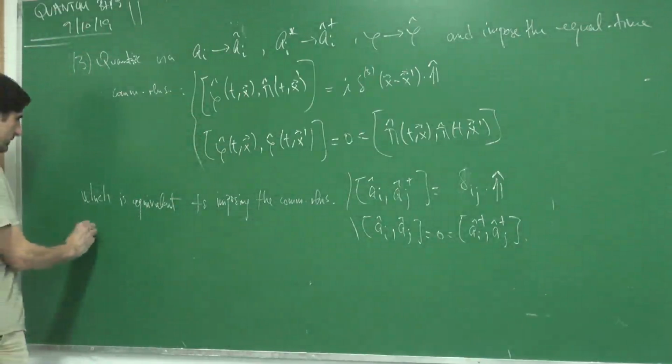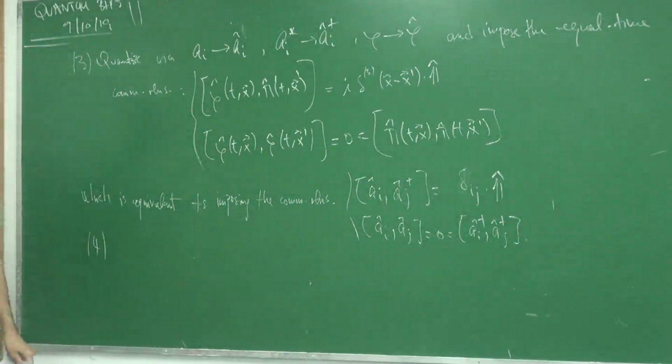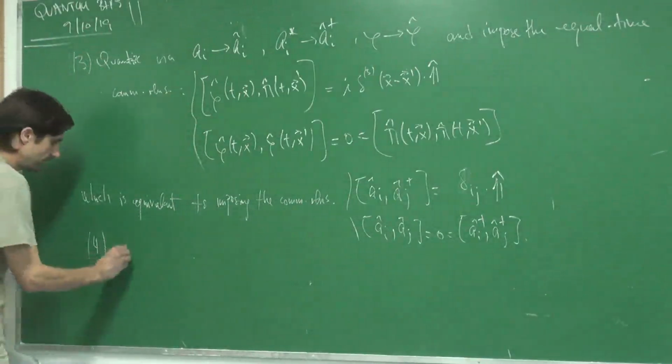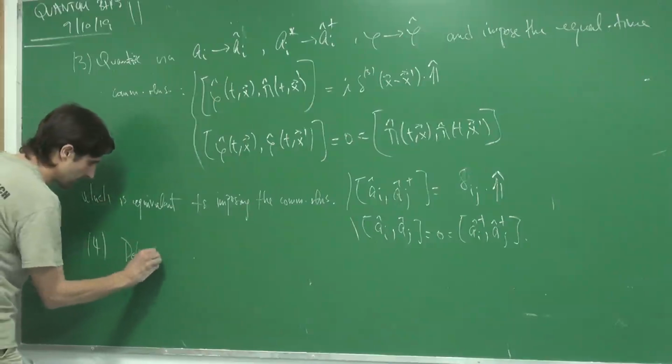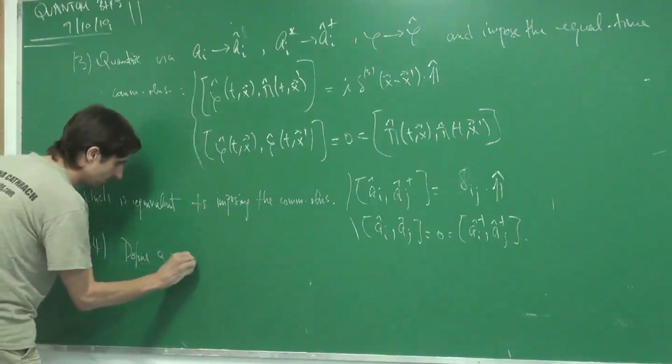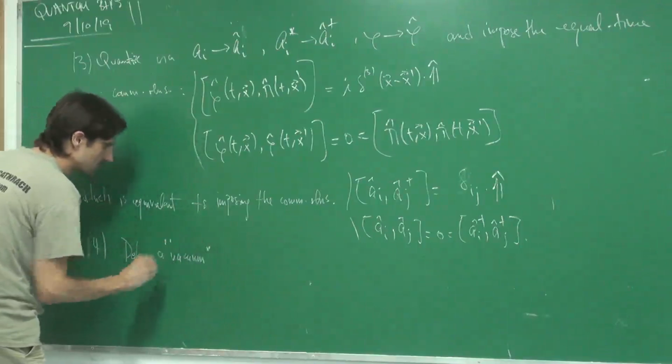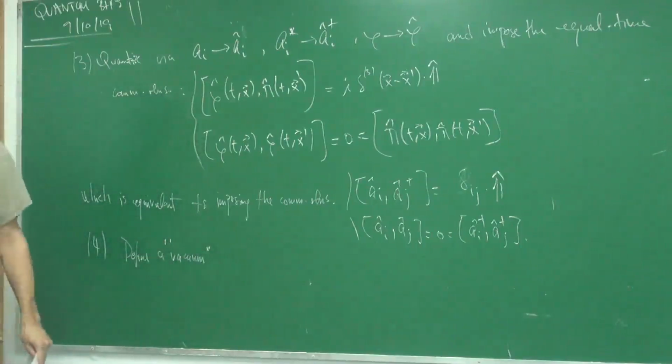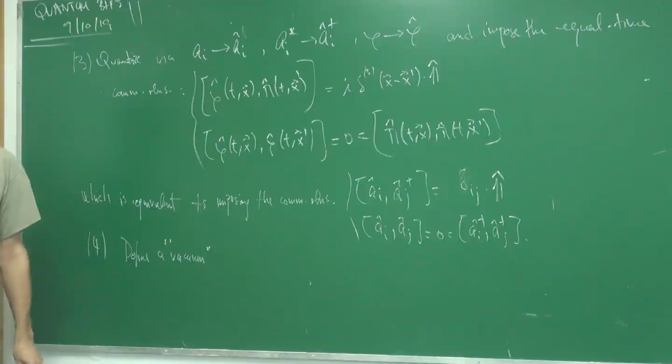And then the last point is you just build your Hilbert space. So you find a vacuum state. Now I put this in quotes. I don't really like the use of vacuum. It's vacuum in this particular sense, but it's annihilated by the a_i's.